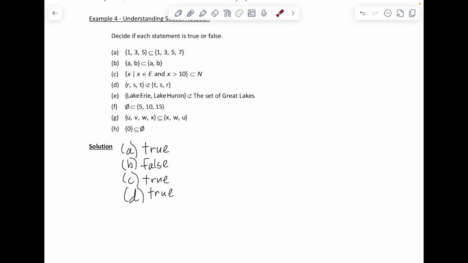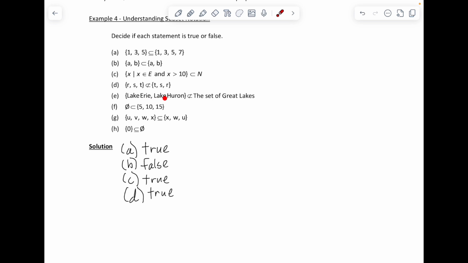Okay. E, what do we have here? This set contains Lake Erie and Lake Huron, and we're saying it is not a proper subset of the set of Great Lakes. Well, Lake Erie and Lake Huron are two of the Great Lakes, some of the Great Lakes.